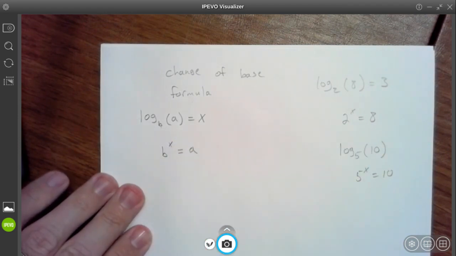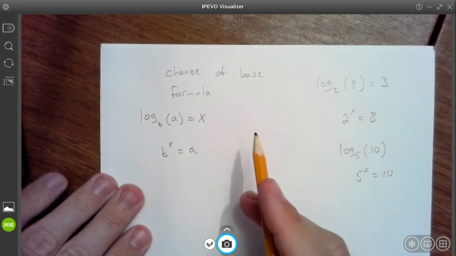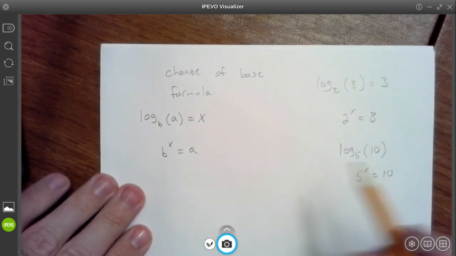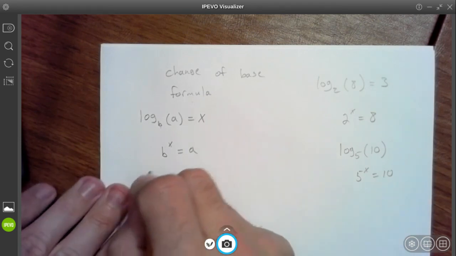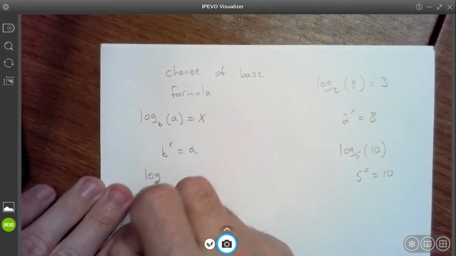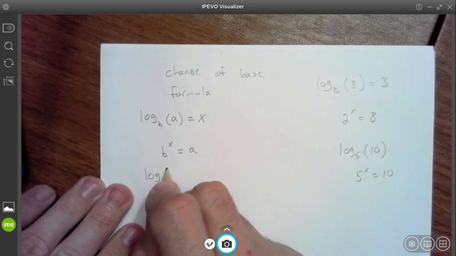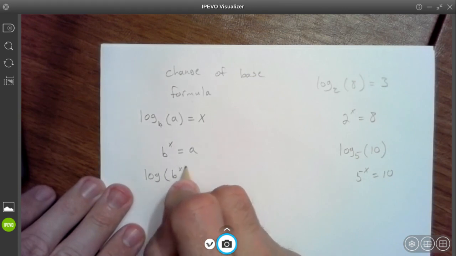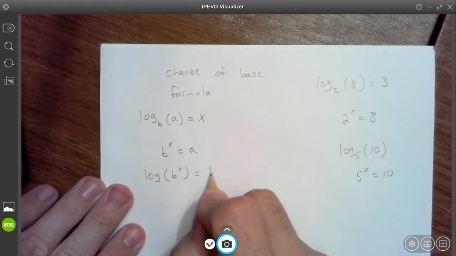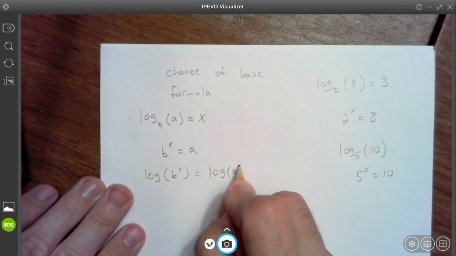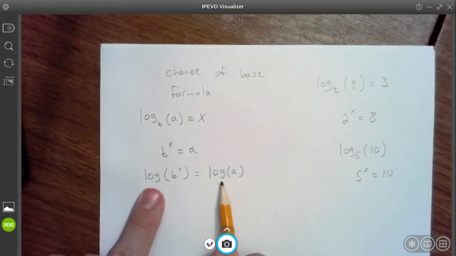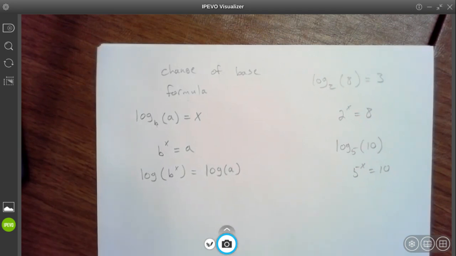Okay, now what I'm going to do is take the log of both sides. Not log base b, just the log, all right? This could really be any base, all right? I'm going to do log of b to the x is equal to the log of a, all right? And again, this log, I'm using base 10, but it really doesn't matter what base we use here.